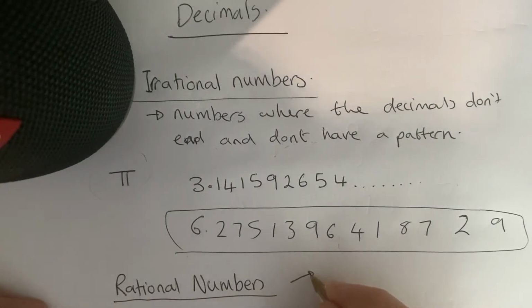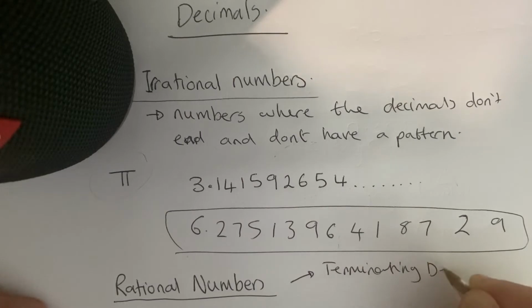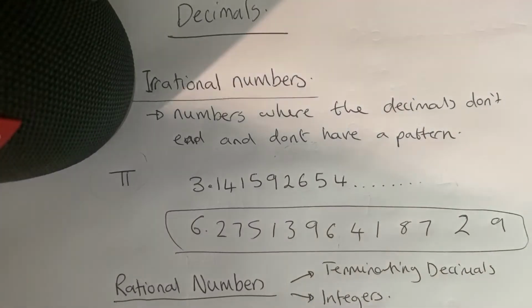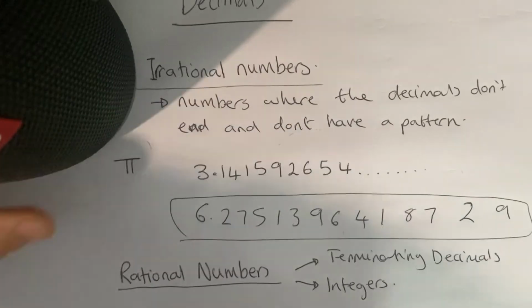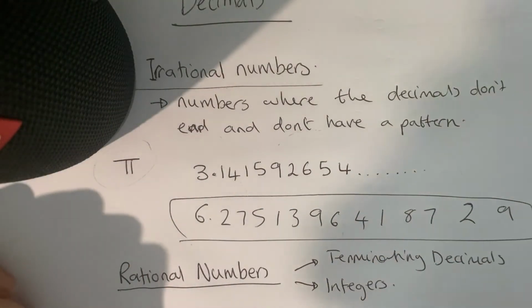So I'll put that there. Terminating decimals or integers. Okay, there we go. So rational numbers are terminating decimals or integers.